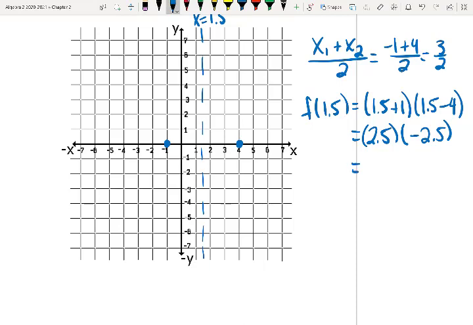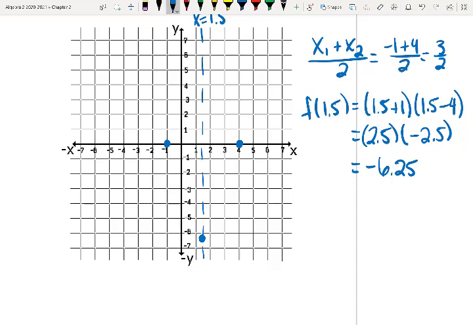So that comes out to, I think, -6.25. Grab my calculator and make sure real quick. But from here, once you have that point, again, we have to still find 2 more points. 2.5 times 2.5. Yep, 6.25. And it's negative because 1.5 minus 4 is -2.5. So we end up with -6.25, and 1.5 comma -6.25 would be my point.